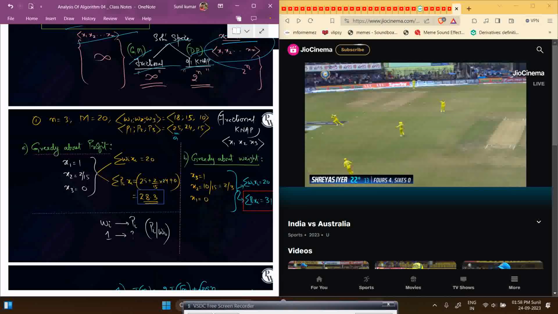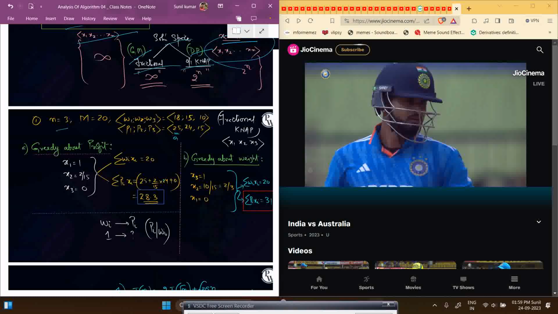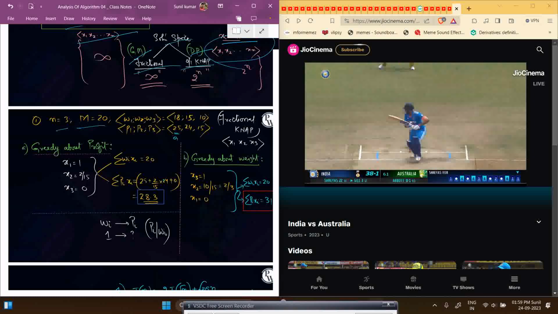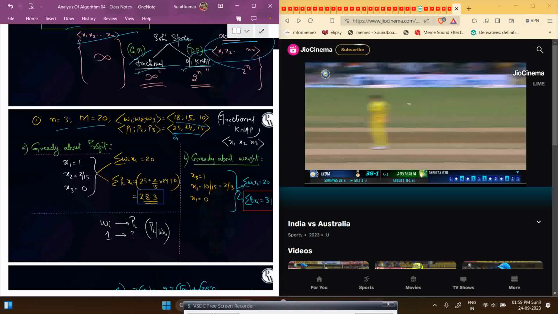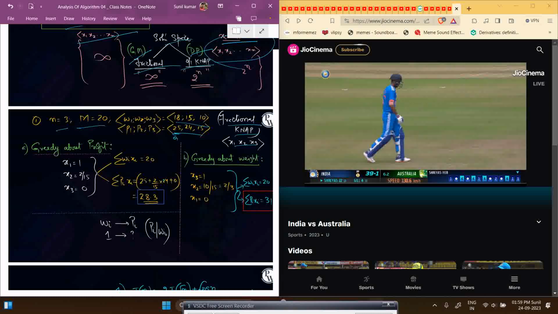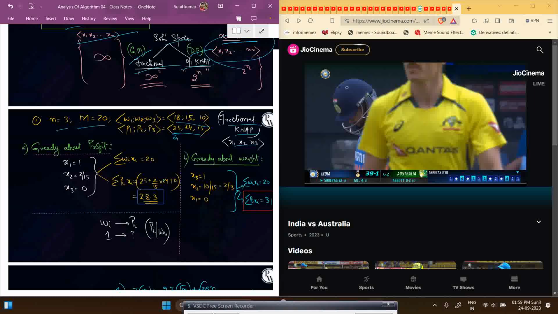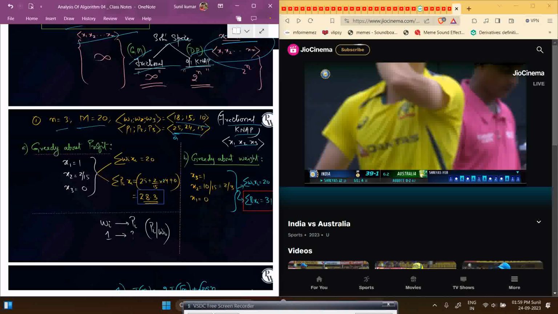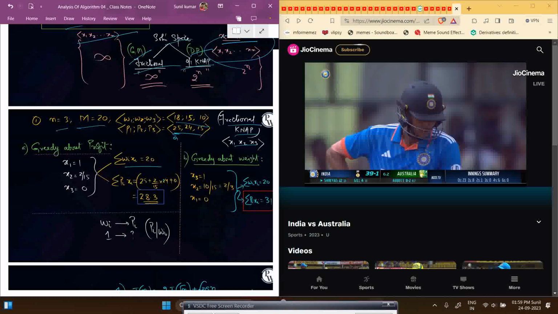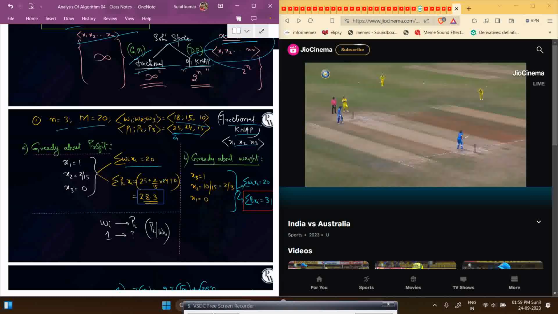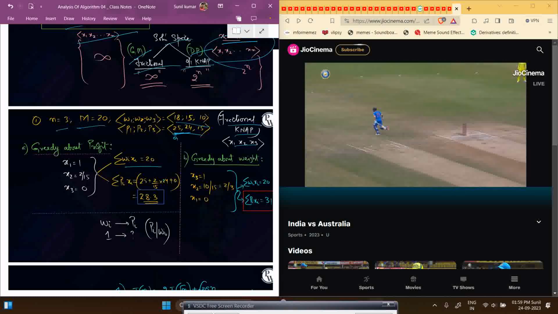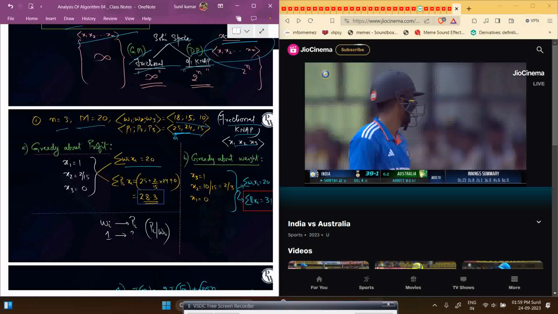So let's say n is equal to 3. There are 3 objects with a given capacity, and these are their weights and profits. If we go greedy about profit, x1 is 1, then a fraction of the next object, 2 by 15 of 15.